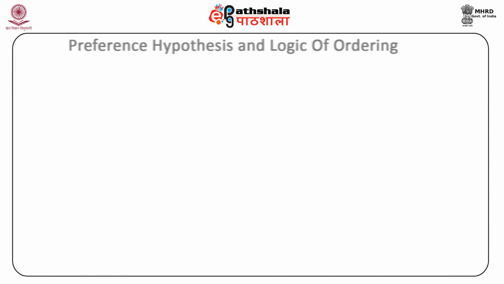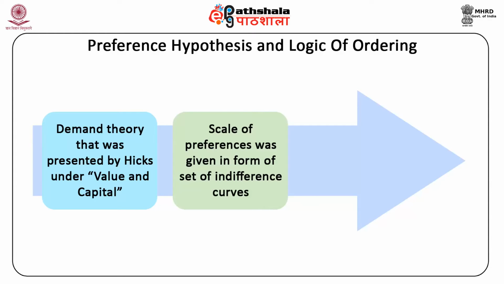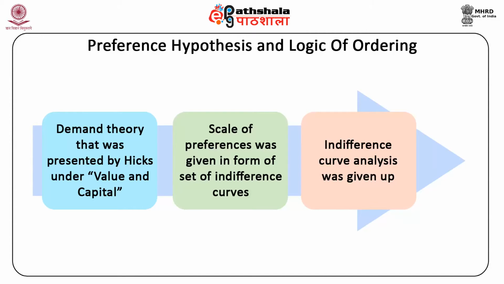We have seen that the demand theory presented by Hicks in Value and Capital was also based upon the preference hypothesis, but there the scale of preferences was given in the form of a set of indifference curves. Indifference curve analysis was given up because of its disadvantages in the revision of demand theory.